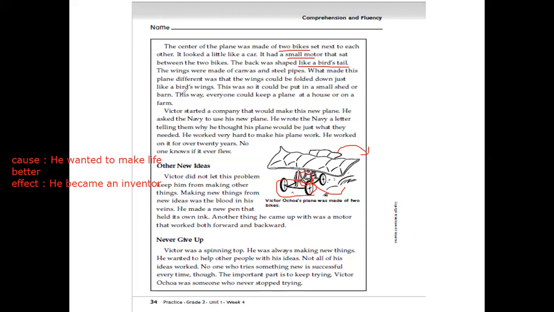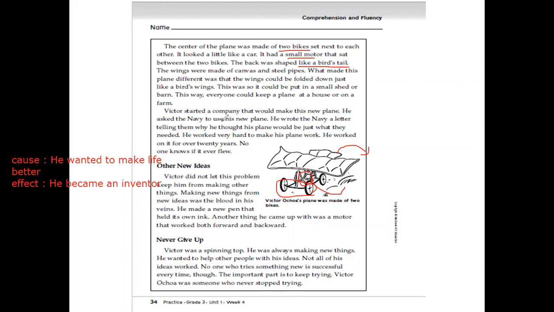What made these planes different was that the new wings could be folded down just like a bird's wings. So it could be put in a small shed or barn. This way, everyone could keep a plane at a house or on a farm.